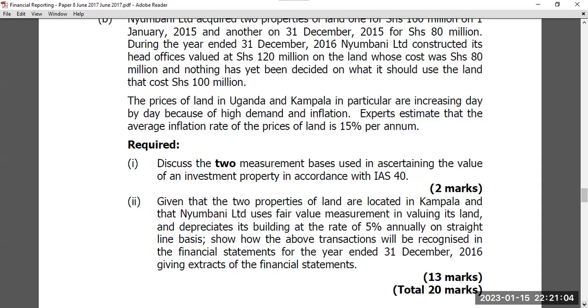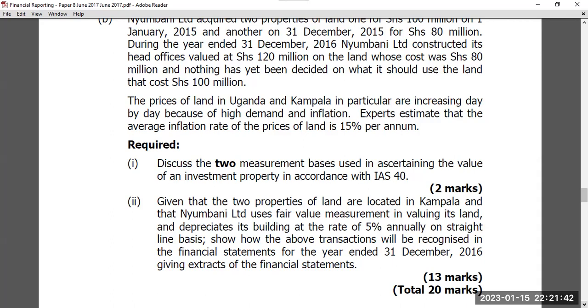This is actually giving even the answers, because what Nyumbani Limited uses is a fair value model, which was the answer you were supposed to put in Roman 1. So they are saying we are going to be using the fair value, meaning the estimated market prices. We are not going to be maintaining the cost of the asset.